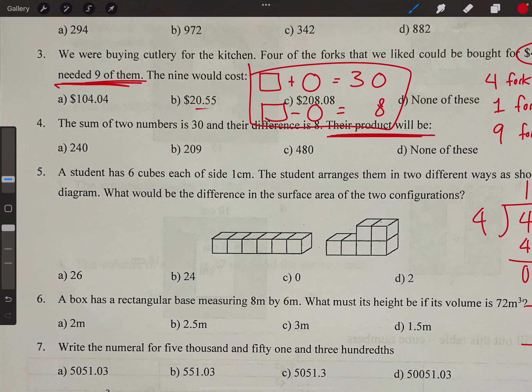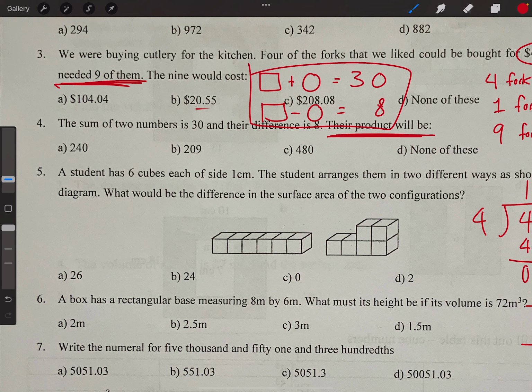Well, 1 times 1 is 1. So that means that for one face, the area is going to equal 1 times 1, which equals 1 centimeter squared. So one face is 1 centimeter squared. Now, how many of these do we have?